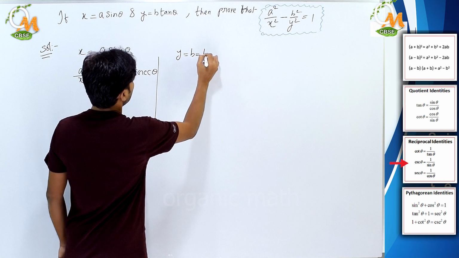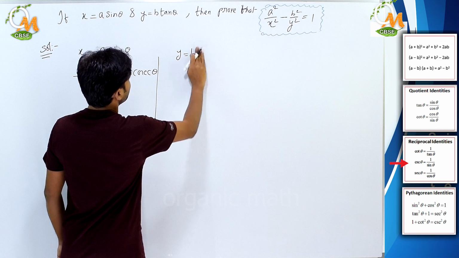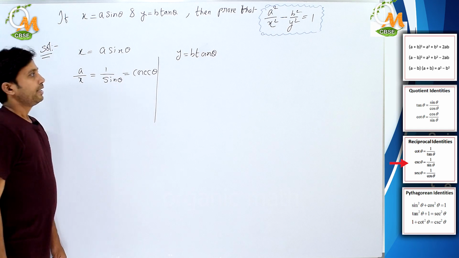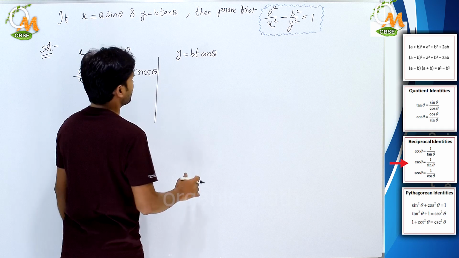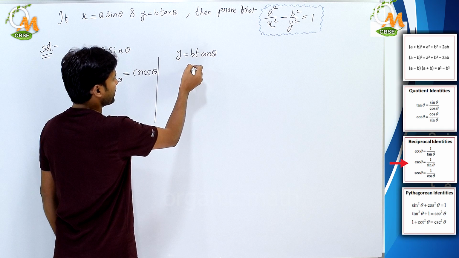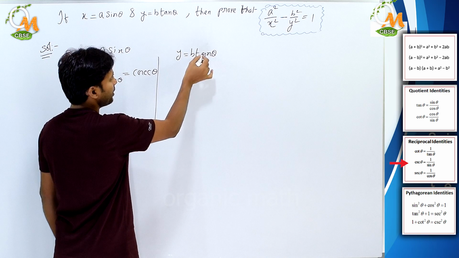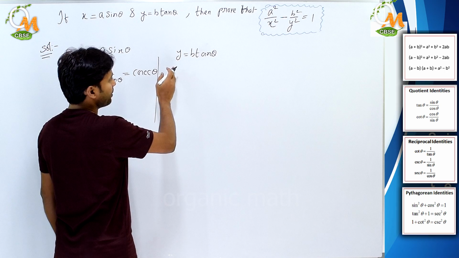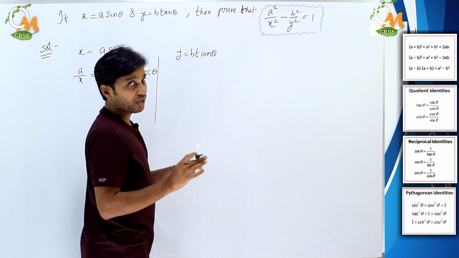Next one, take y equal to b tan theta. Bring this y to this side, so b comes under the denominator and 1 will be left over here. Bring this tan theta to this side, then tan theta will come under the denominator. So b by y equal to 1 by tan theta.